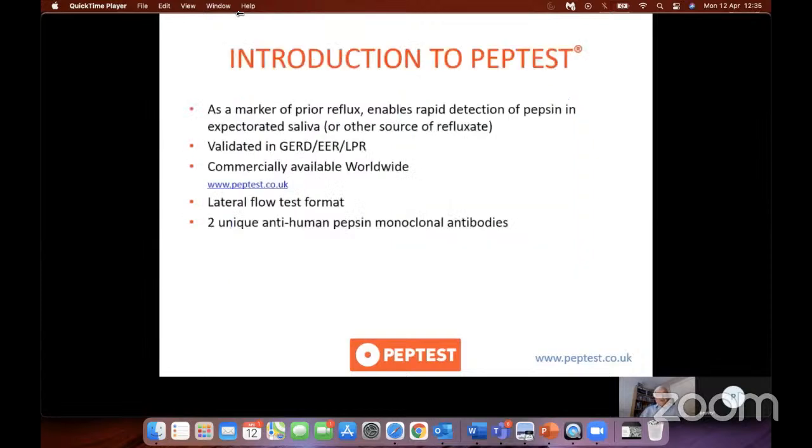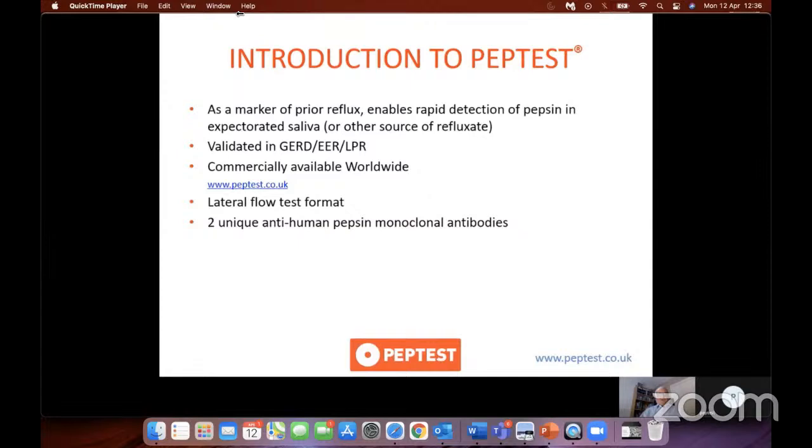Now, as an introduction, PEP test has really been available now for 10 years in the UK and is a marker of prior reflux. It's a very rapid detection system. We can detect pepsin in a clinical sample within 20 minutes. It's been well validated in GERD, extraesophageal reflux and laryngopharyngeal reflux disease.